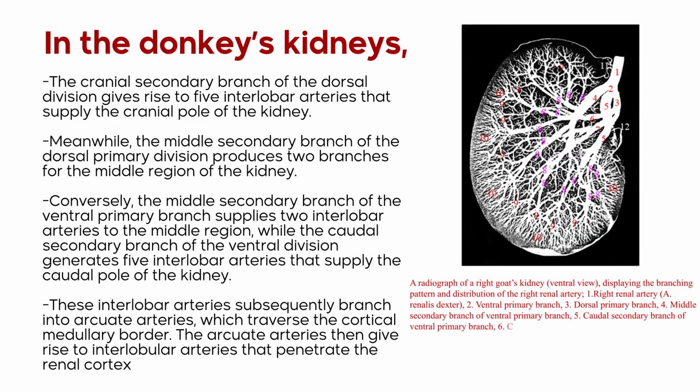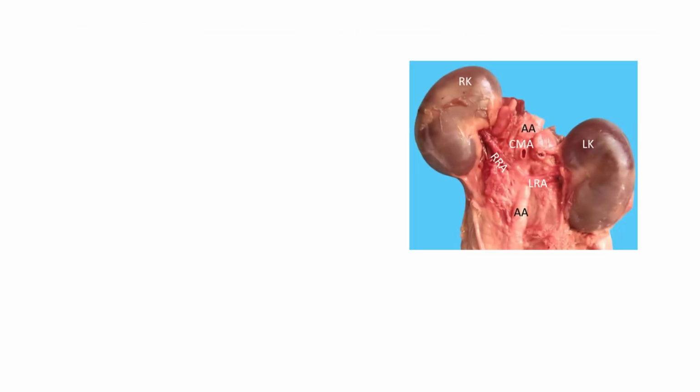Caudal secondary branch of ventral primary branch. 6. Cranial secondary branch of dorsal primary branch. 7. Caudal secondary branch. 8. A. interlobares. 9. A. arcuate. 10. A. interlobulares. 11. R. capsularis.